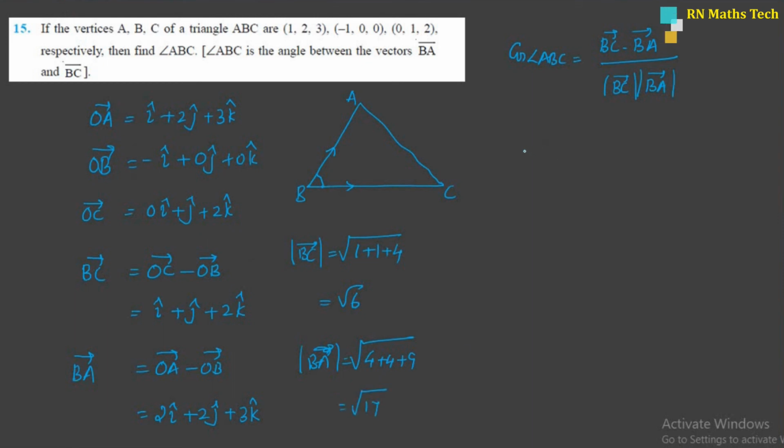So BC dot BA is 1 into 2 plus 1 into 2 plus 2 into 3, divided by root 6 into root of 17. So 6 plus 2 plus 2, 10 divided by root of 102. So angle ABC is equal to cos inverse of 10 divided by root of 102. Okay.